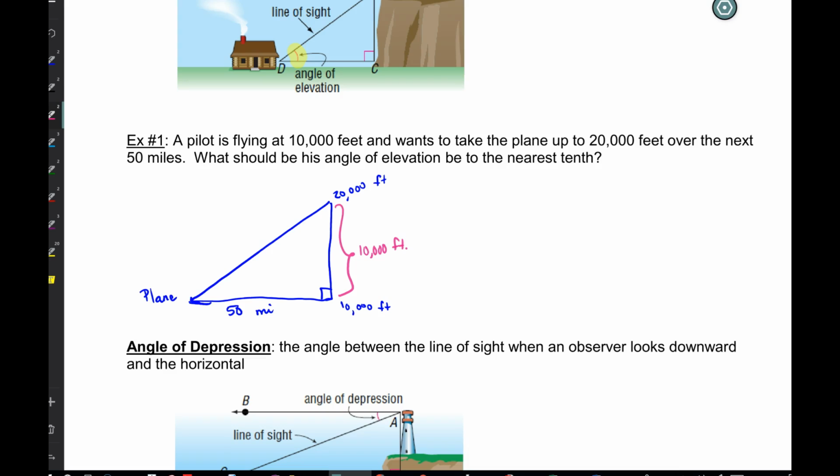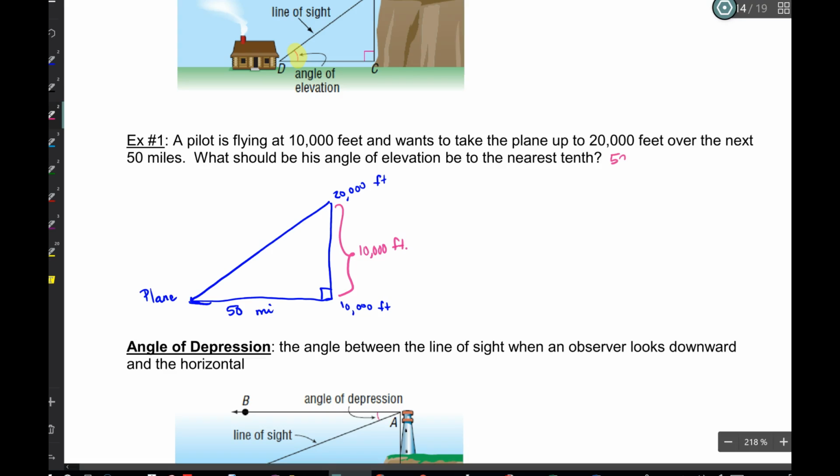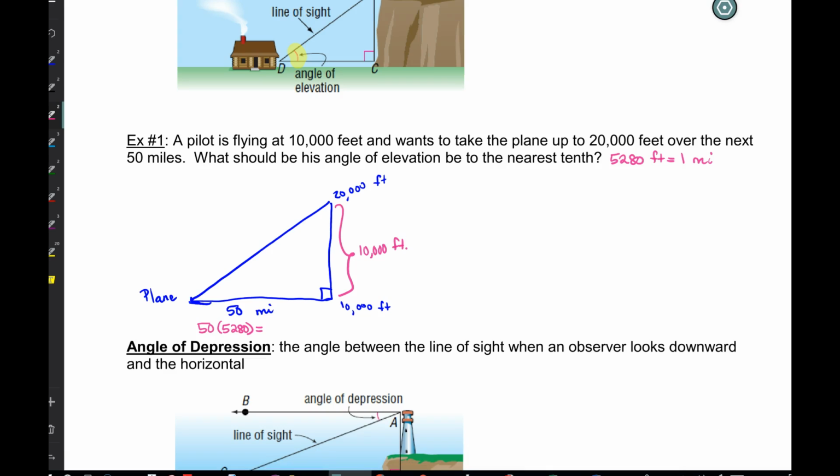Which one did we want to change? The miles to feet or feet to miles? Does anybody recall how many feet are in a mile? 5,280, yeah. Good. You usually learn it in middle school. My dad and I were having an argument about a mile.